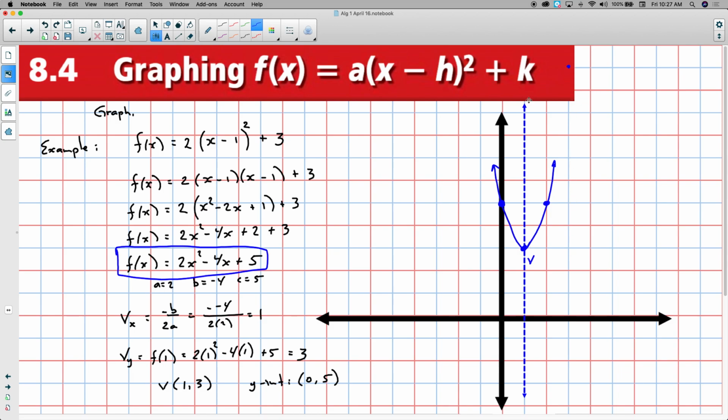So if I wanted to, I could graph a couple more points and make the parabola even more accurate. Not by building a t-table, but by just thinking about how it's twice as steep as the standard parent function one. Okay, so now here comes what I think is the cool part.